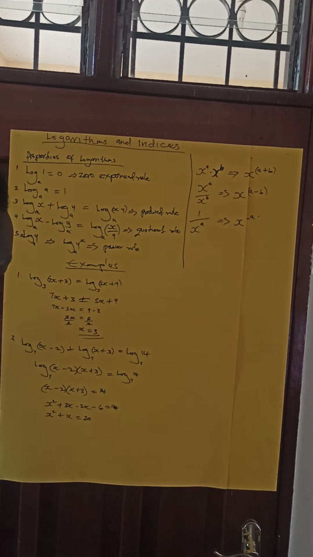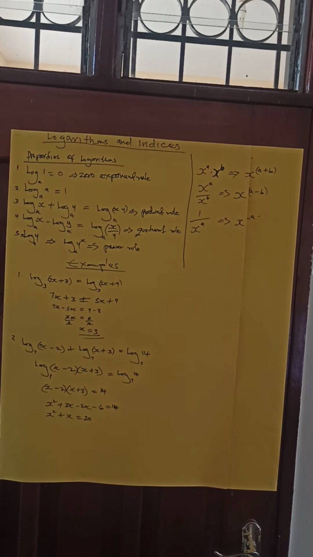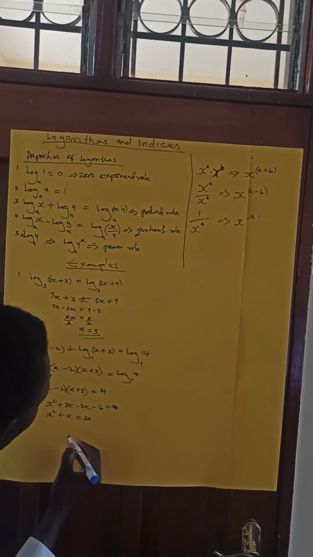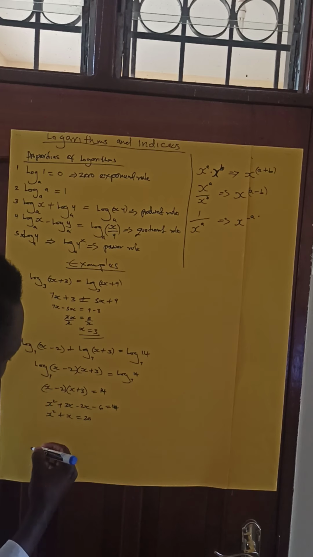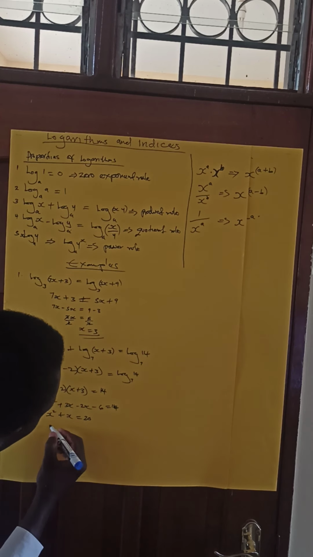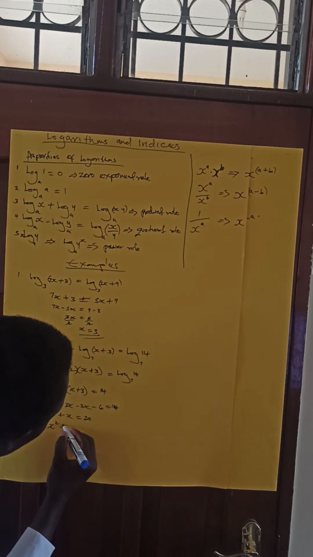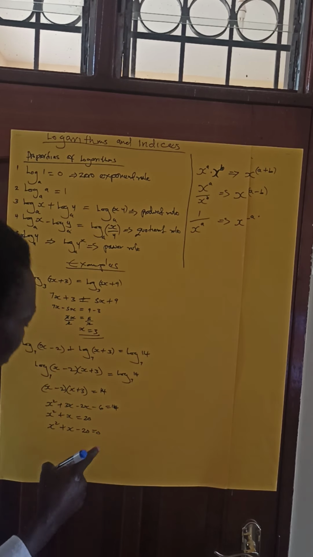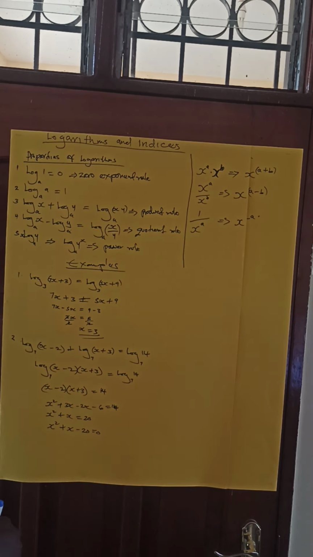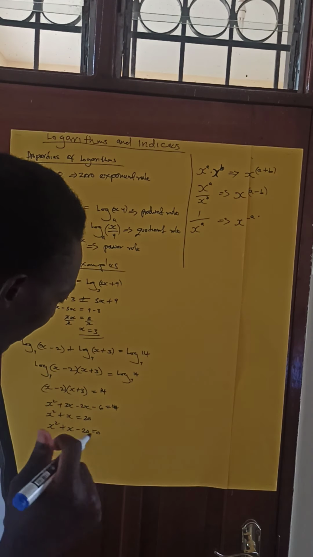This is a quadratic equation. We can now solve it using the factorization method, and before we do so, we should bring 20 to this side, then we equate to 0. Minus 20 is equal to 0, so this is a quadratic equation itself. Then as you can see, we should be looking at two numbers.